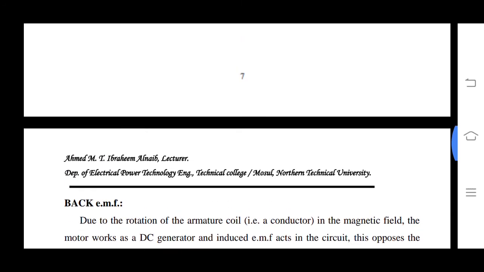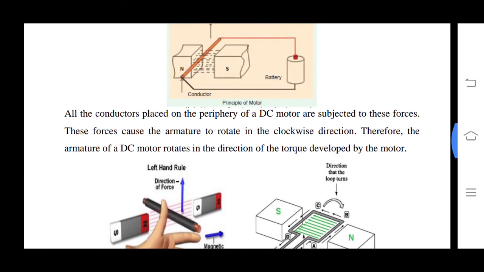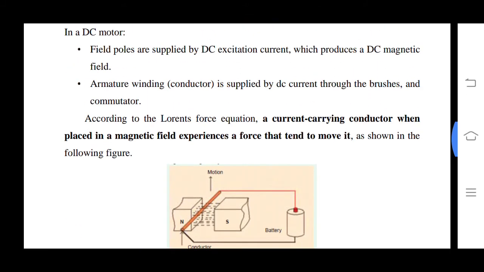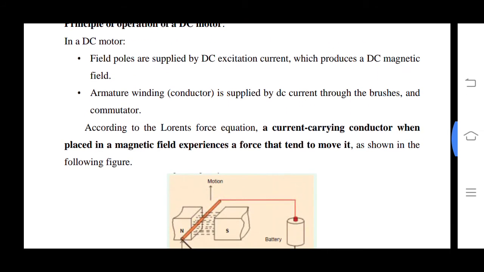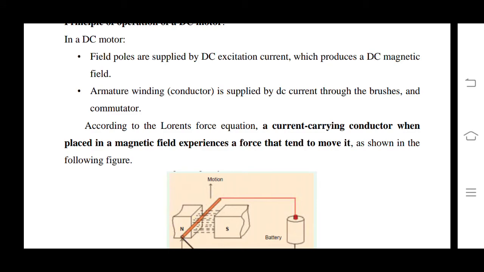So we go to the topic again: the working principle of operation of a DC motor. Give DC supply to the field winding and to the armature winding also.